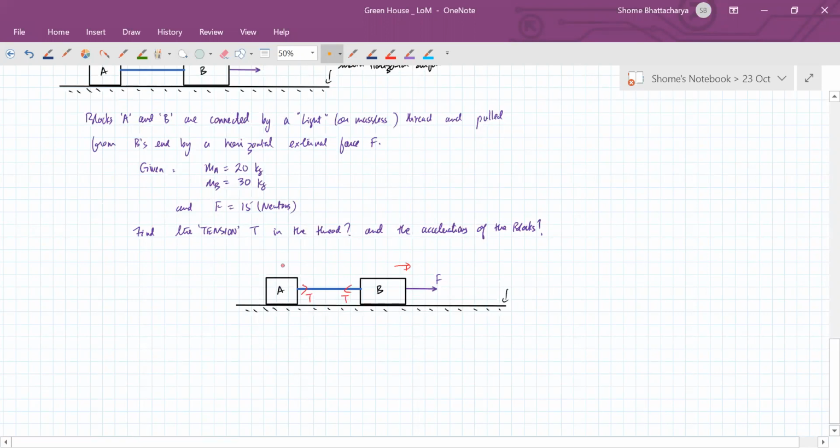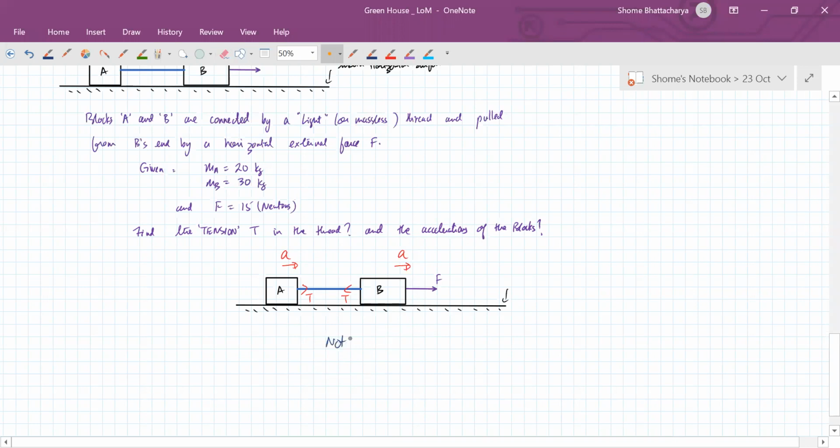And therefore now this block also has a tendency to move. Now because they are connected by a thread, they will have to move together. The thread is not breaking, so we'll assume that. At any point of time, if at one point of time this is like this, then after some time this will have to be like this, no? So they have to move together. They cannot move separately. It can't be that B is moving faster than A or A is moving slower than B or faster.